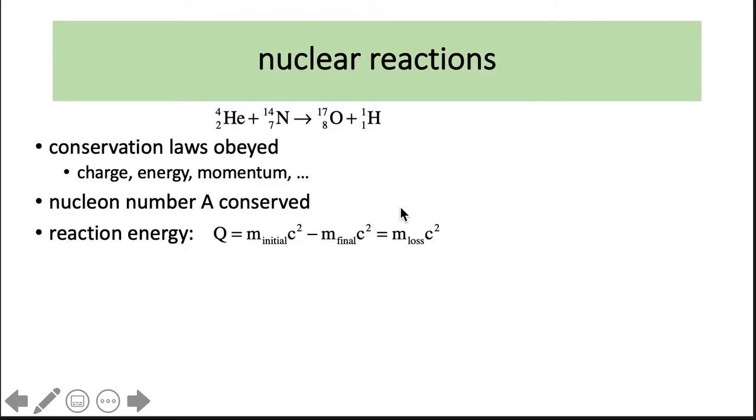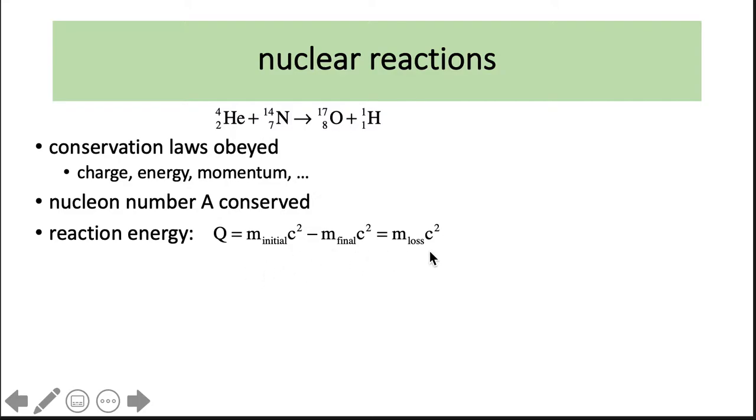In a reaction like this, you can see how the mass has changed, just like we did in the other reactions. So you can calculate how much mass is on the left, the reactants, the initial mass, and how much mass is on the right, the products, the final mass. And the Q, the so-called capital Q of the reaction, is defined to be the energy difference, m initial c squared minus m final c squared.